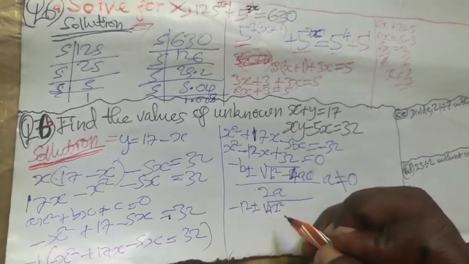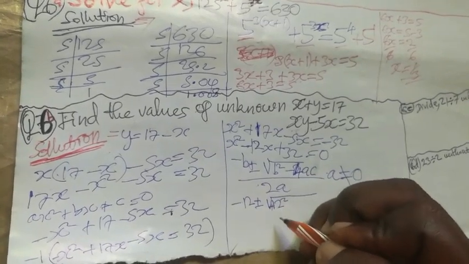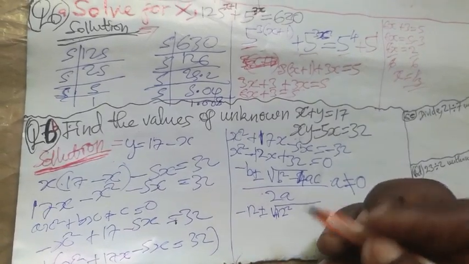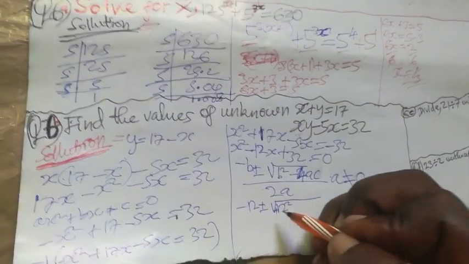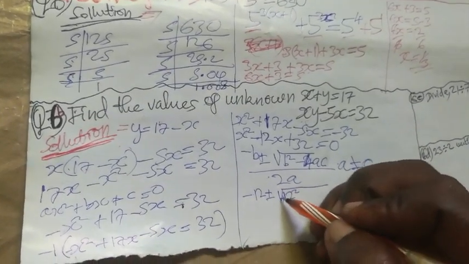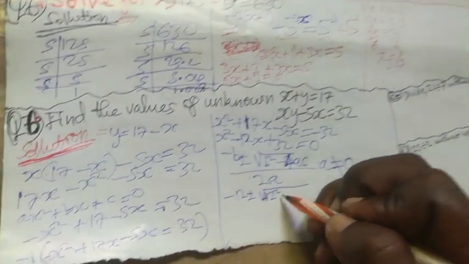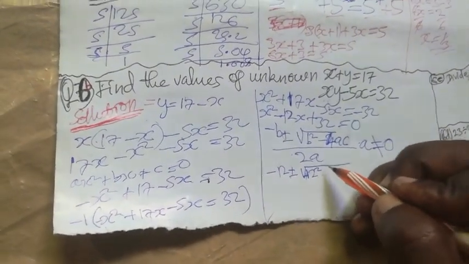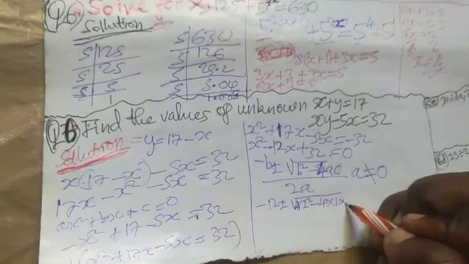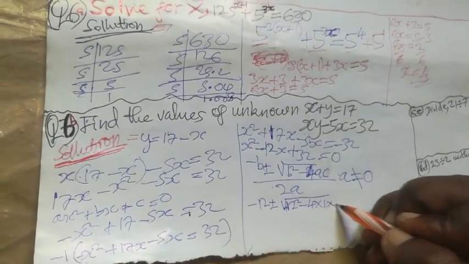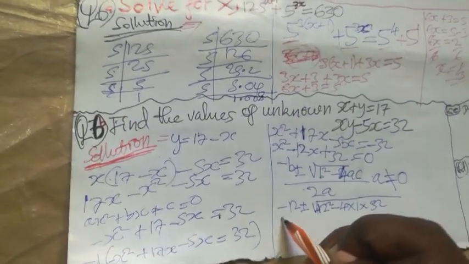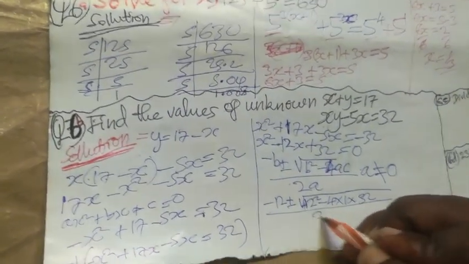We can say negative 12 squared or positive 12 squared, because if even after multiplying you get the same answer, then we say 12 plus or minus the square root of 12 squared minus 4 times 1 times 32, all under the square root. Then all we are going to divide by 2 times 1.